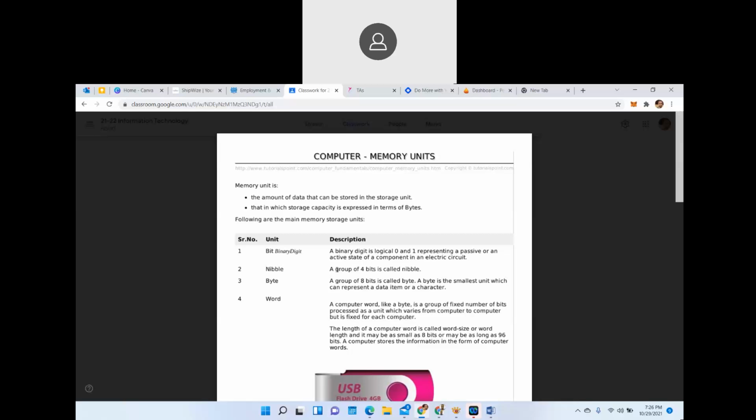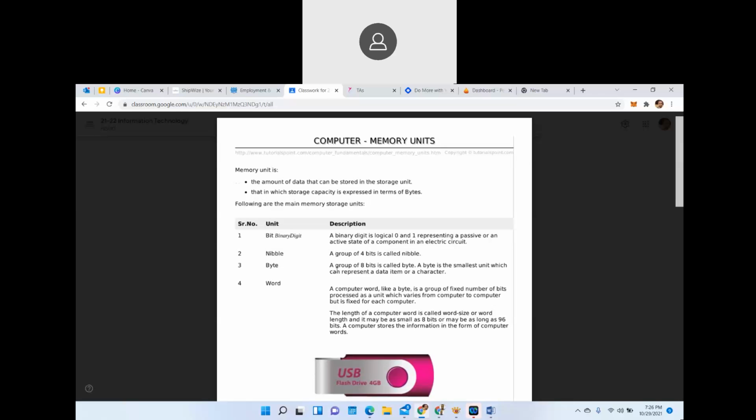So 8 bits make 1 byte. A byte is the smallest unit which can represent data or a character. So every letter you see is really 1 byte. For example, this A takes up 1 byte of space.